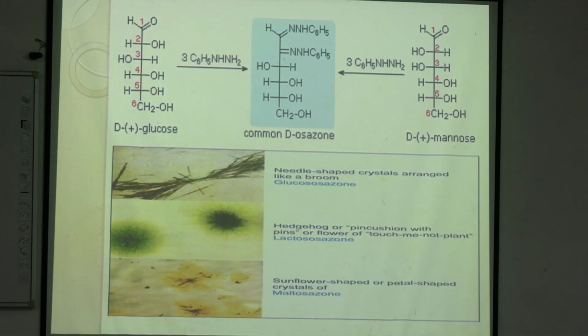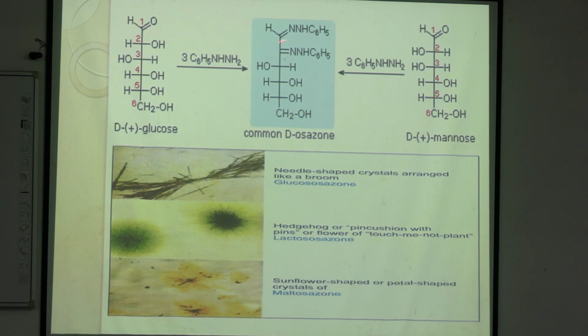Okay. So, for glucose and mannose, what is mannose? C2 epimer of glucose. And see, if it was not mannose, if it was fructose, here the functional group will be at carbon 2. So in case of glucose, mannose and fructose, when the phenylhydrazine reacts with them, they will produce a common D-osazone.